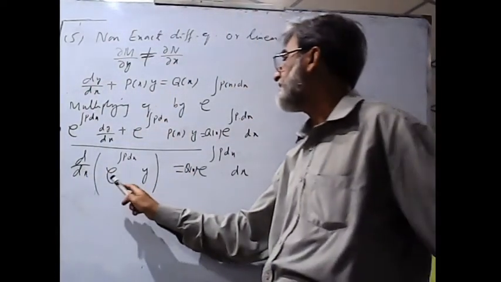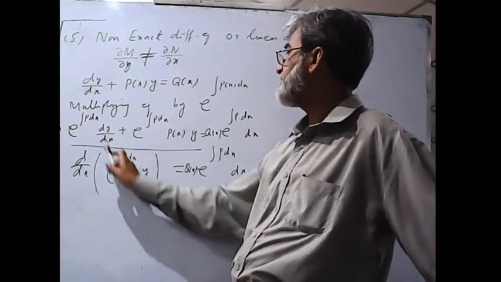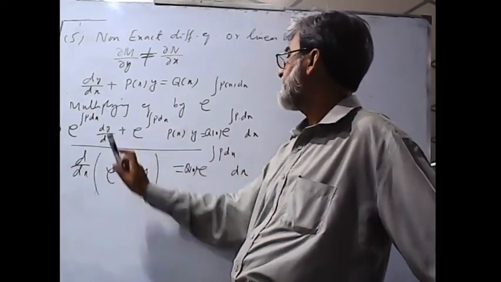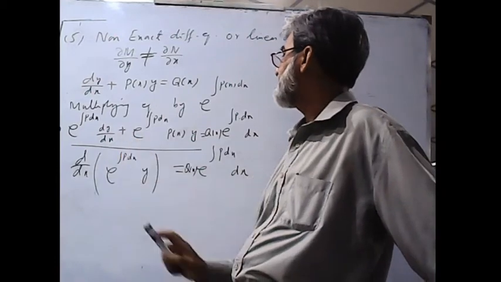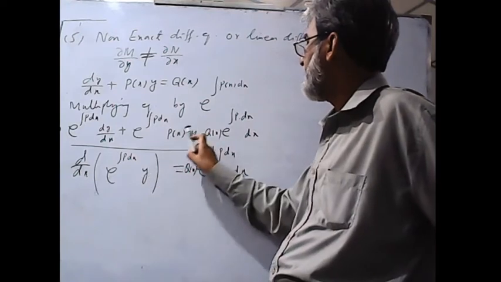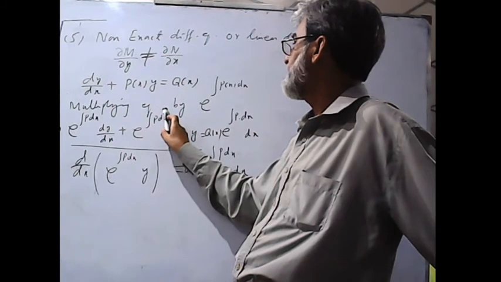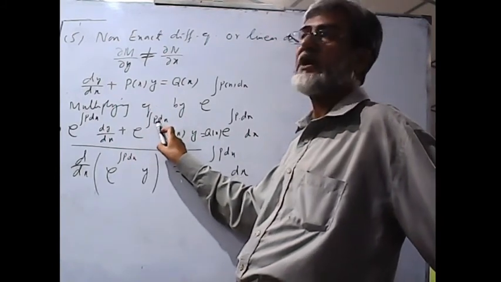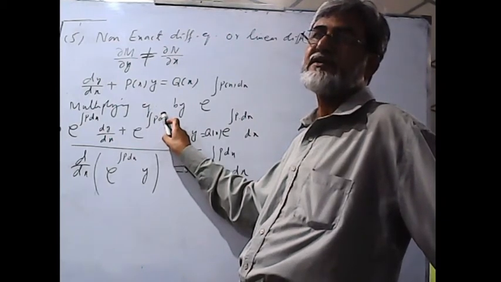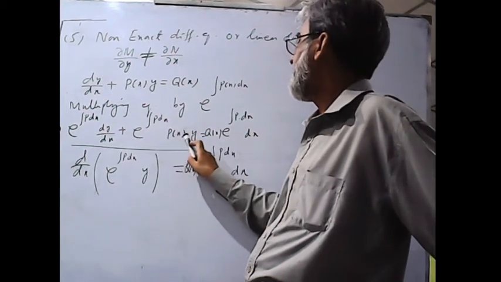Now check the derivative of these two functions. First function u as it is, times the derivative of y, dy by dx, plus y as it is, times the derivative of u. The derivative of the exponential function is the function as it is, times the further derivative of the power. The power involves the integral of p dx, and the derivative of the integral is the original function p of x.